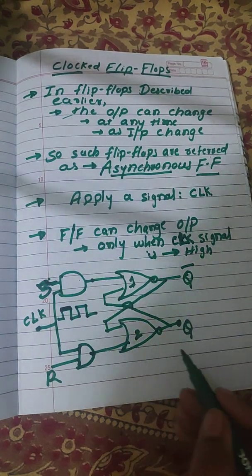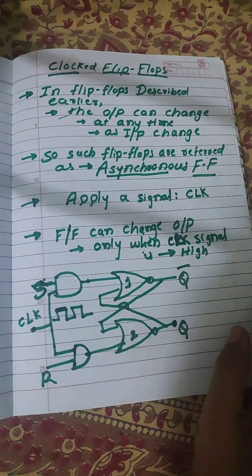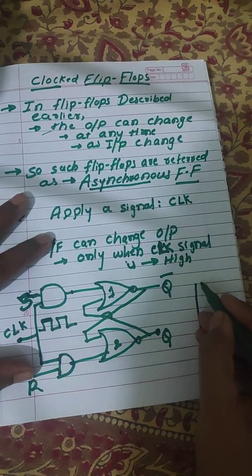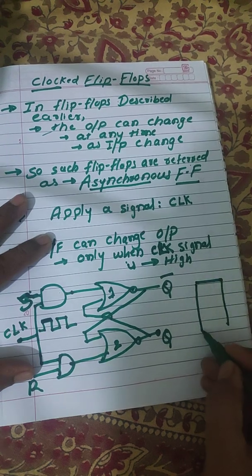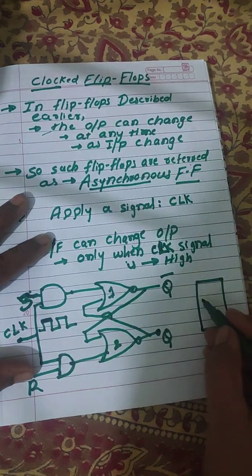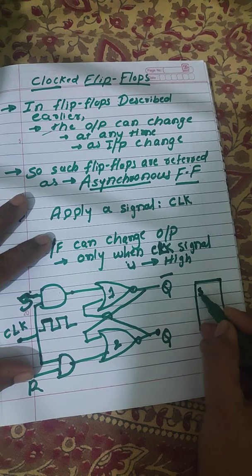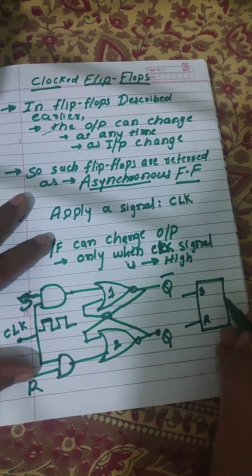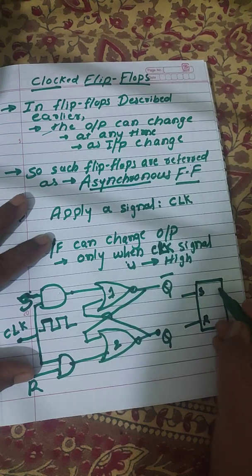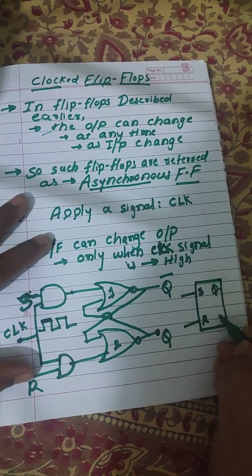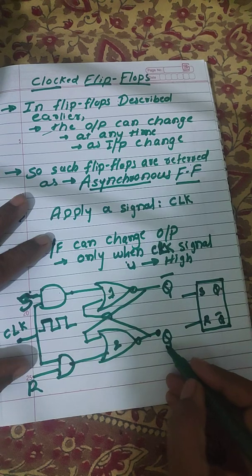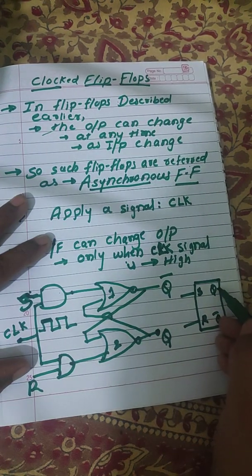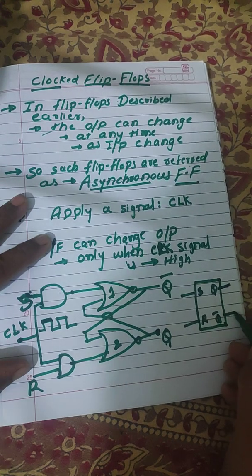So let us have the block diagram of this kind of clocked flip-flop. It is like our ordinary flip-flop only. The symbol or representation is an ordinary SR flip-flop having S and R inputs, and the outputs are Q and Q bar. Q and Q bar appear in the logic diagram below, and are shown in the block representation at the top.